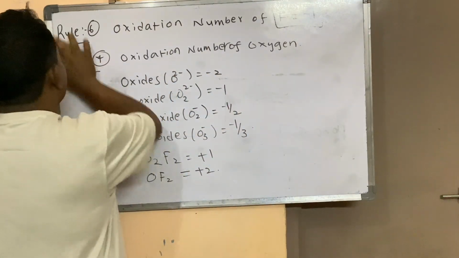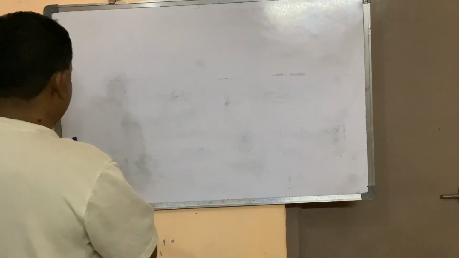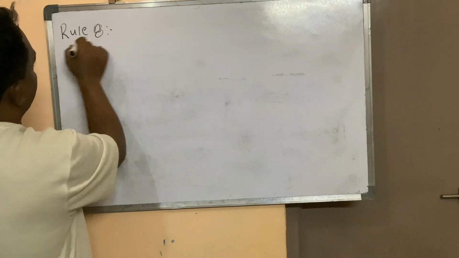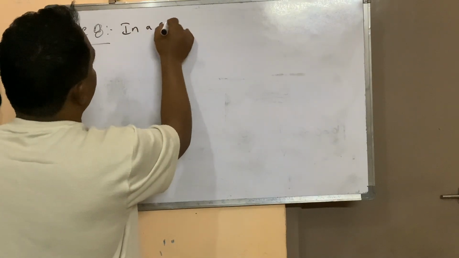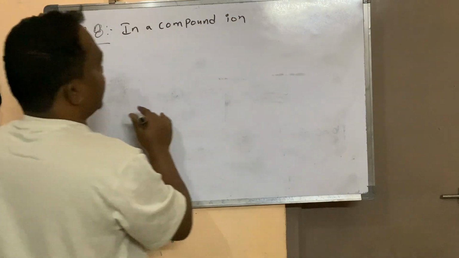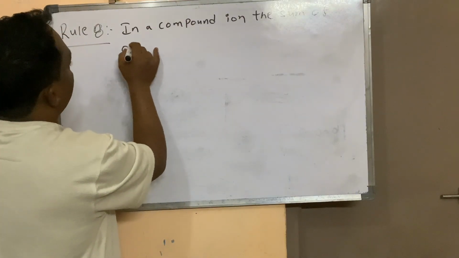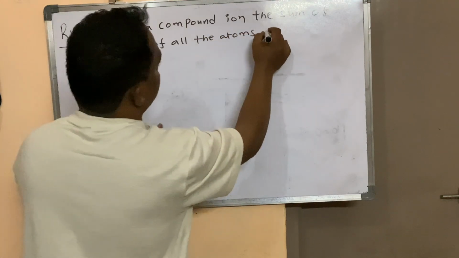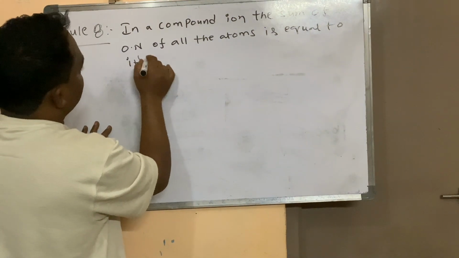Rule number 8. In a compound ion, the sum of the oxidation numbers of all the atoms is equal to its charge.